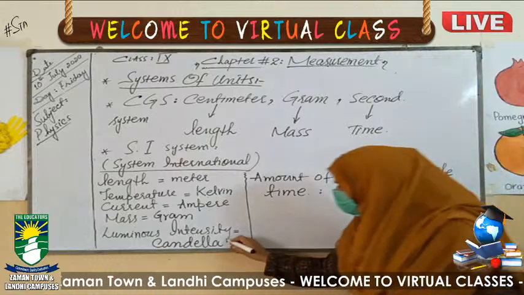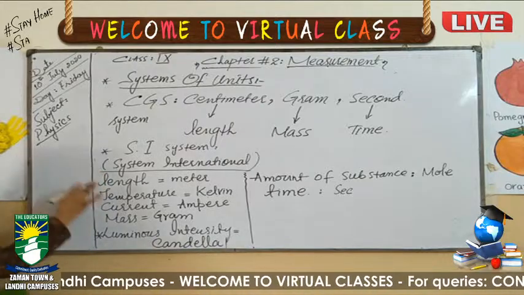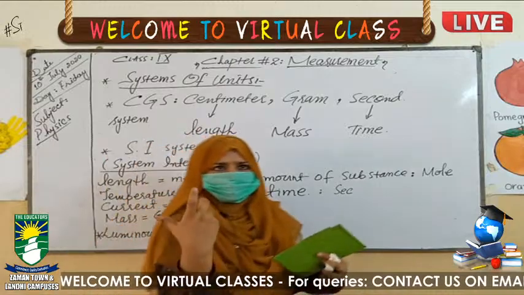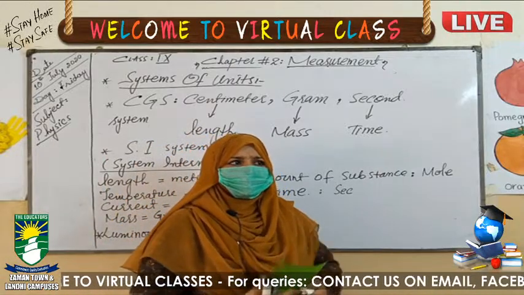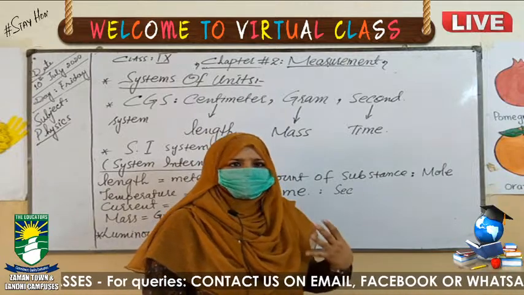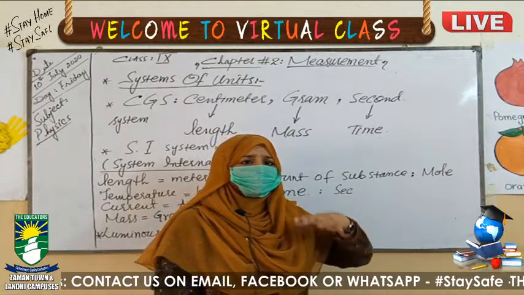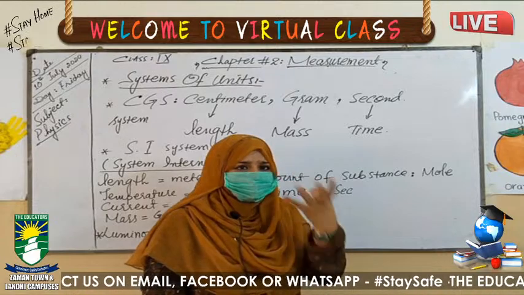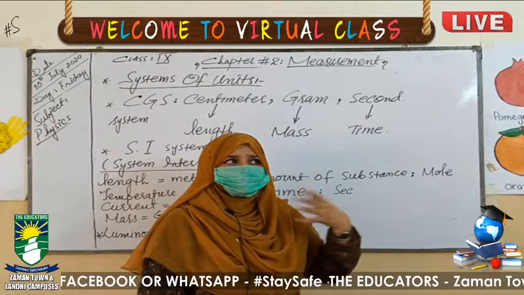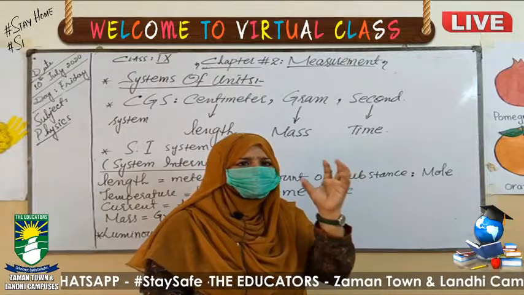Now here will be the confusion with the terminology. Luminous intensity, all the terminologies will be clear to you. Luminous means luminous objects, you must have studied, that is the objects which produce their own light, like the sun is a luminous object. So what is the intensity of its light? You can say either its light is very intense or its light is very dim.